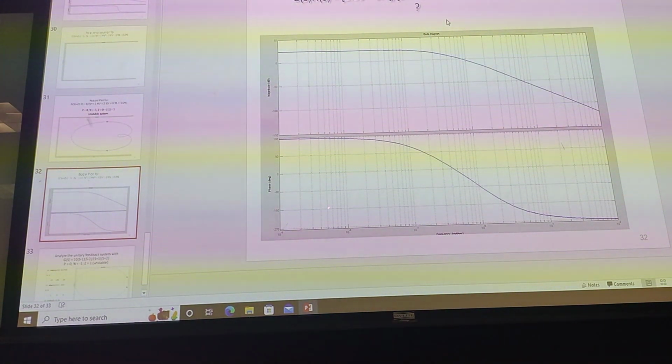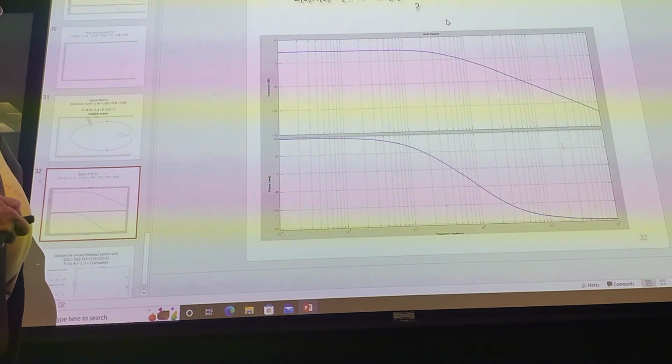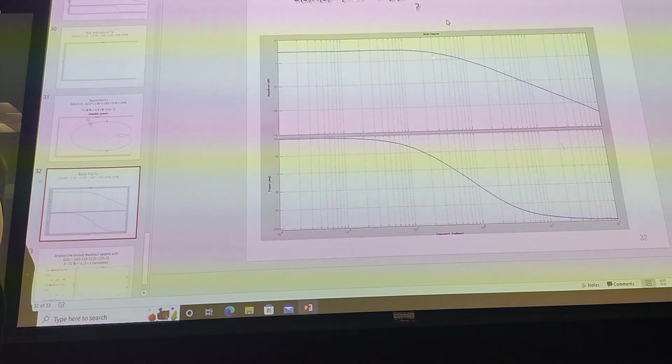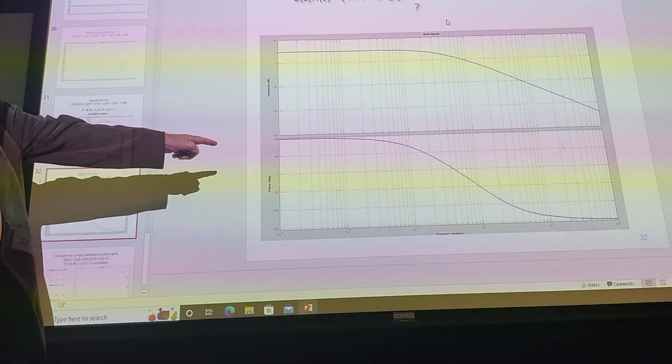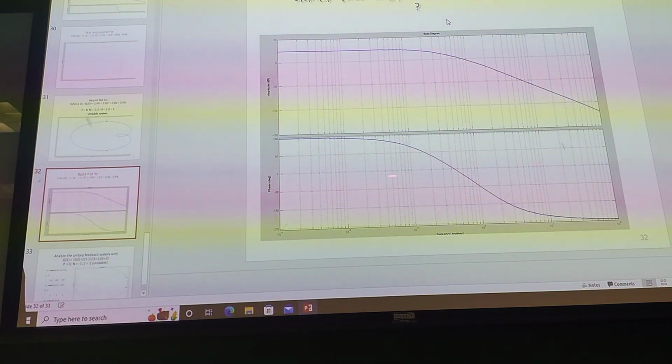We have the angle at minus 180 here, and we have the zero cut here, but the phase here is positive and less than 180, so it is unstable there.